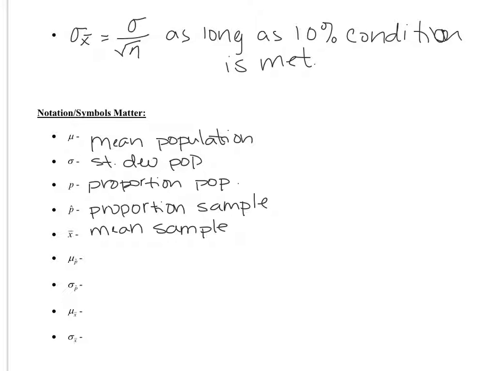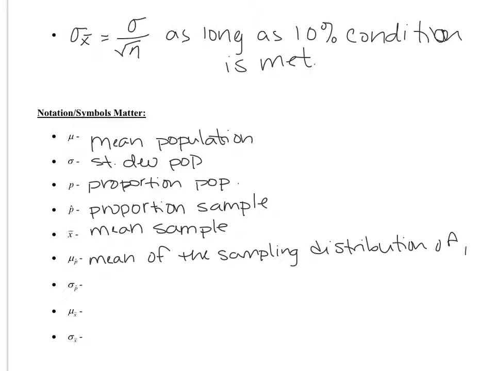Mu sub p hat is the mean of the sampling distribution of p hats. This is equal to the standard deviation of the sampling distribution of p hat.